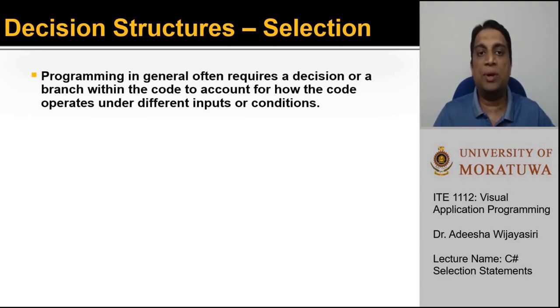Similarly, in the programming domain, you may have to take decisions, run a specific set of instructions, or branch the code under different inputs or conditions. Conditions can be given as a user input, or some state of the system, or evaluation of data that we have, and code will be branched based on the evaluation of these conditions.